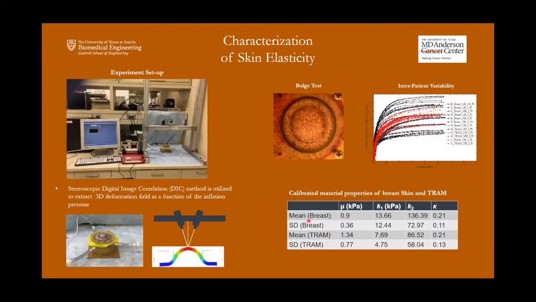For characterization of skin elasticity, we have conducted mechanical tests on skin tissues freshly harvested from patients at MD Anderson Cancer Center. What we do here, we mount our skins on a bulge device, and then we inflate the skin while measuring the response of the skin as a function of the pressure. What I'm showing here to the right is the skin response under pressure for specimens obtained from different subjects.